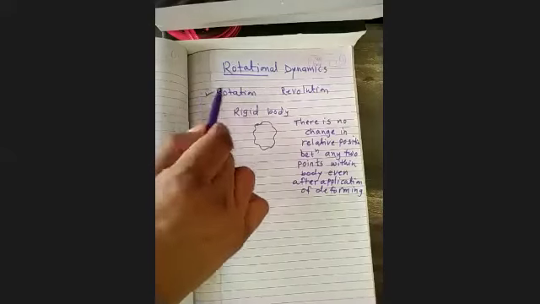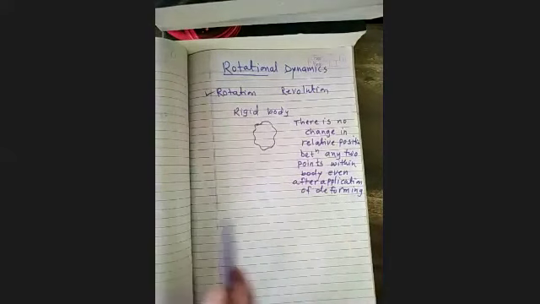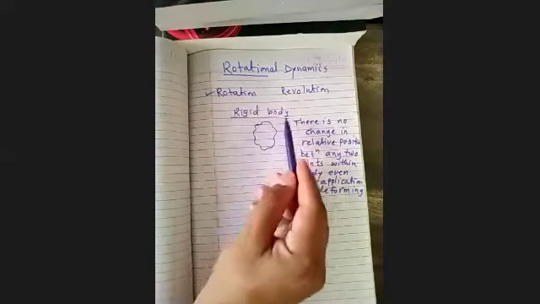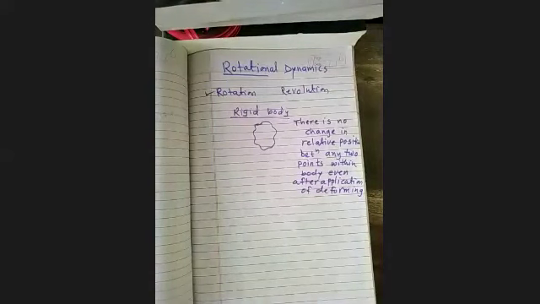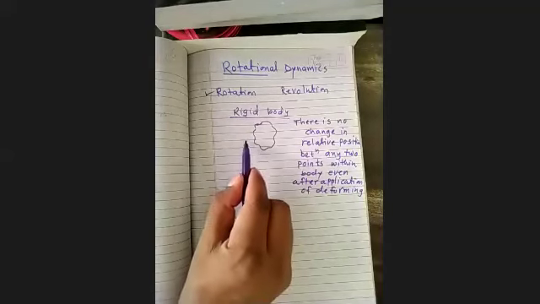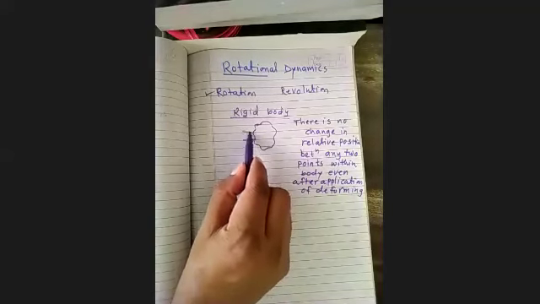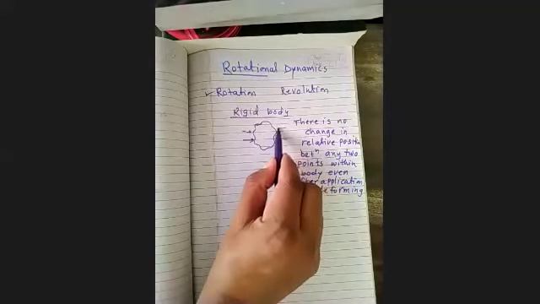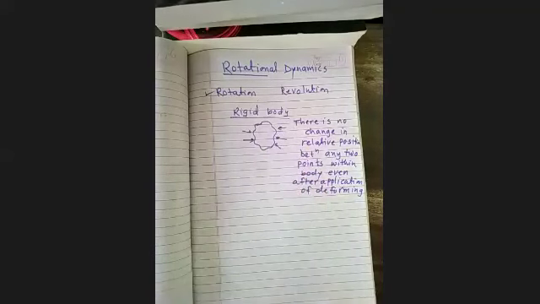We'll discuss rotation and revolution in detail a little later, but first of all, just try to understand what you mean by rigid body. If I'm going to apply an unbalanced force, not a balanced force, right?